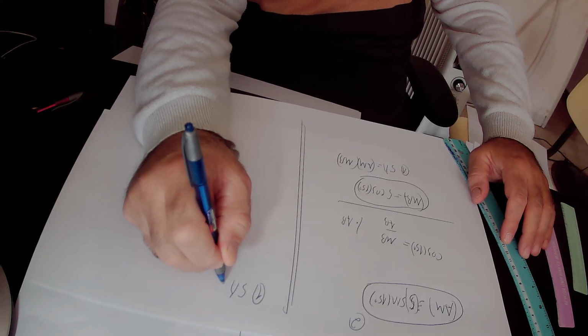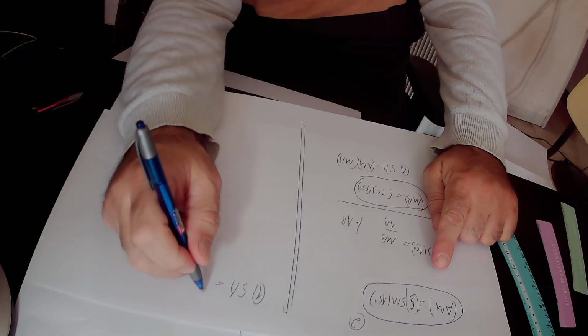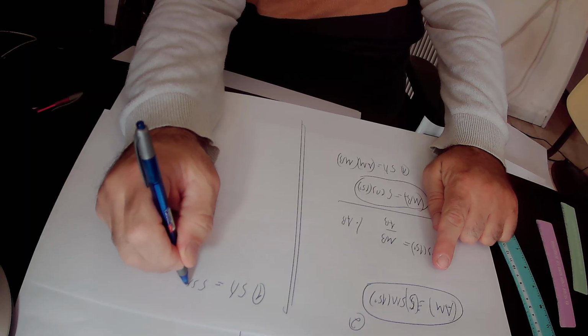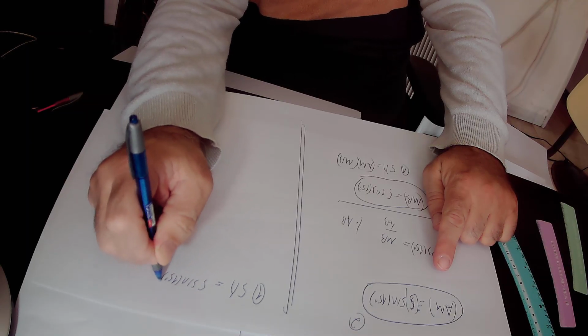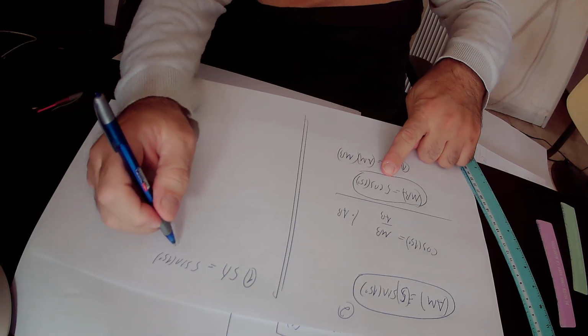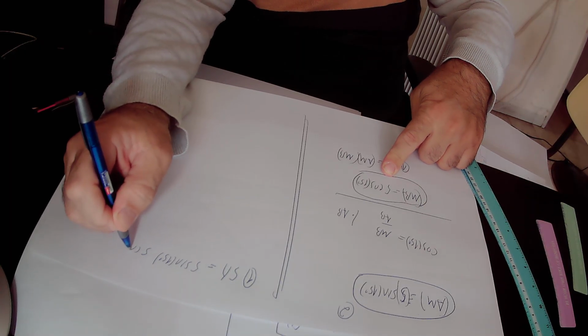AM is 5 times sine 15 degrees, and MB is 5 times cosine 15 degrees.